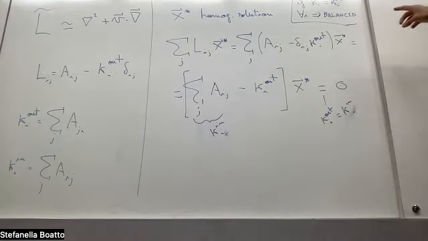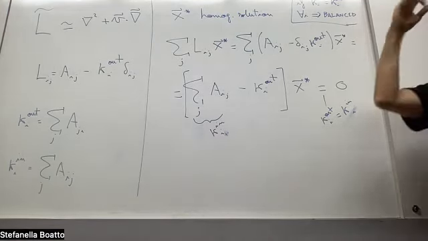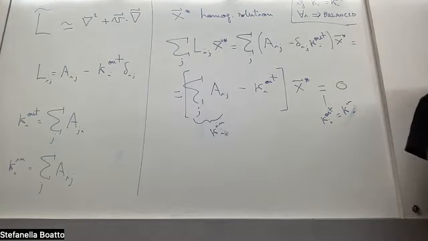So for balanced networks, the Laplacian has the uniform eigenvector associated to the 0 eigenvalue.